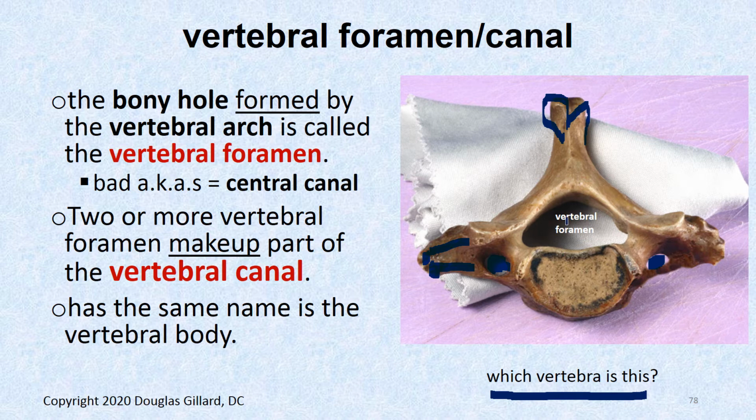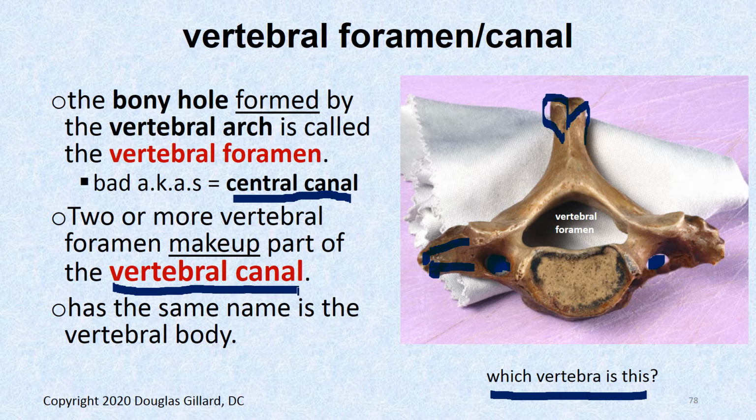But you can see the vertebral foramen really nicely. Don't call it the central canal or the central foramen, because we'll look at a central foramen. The spinal cord has a tiny hole through the center of it. That's called the central canal. All right, so this is a vertebral foramen. If I had two vertebrae stacked on top of one another, then that would be called the vertebral canal.